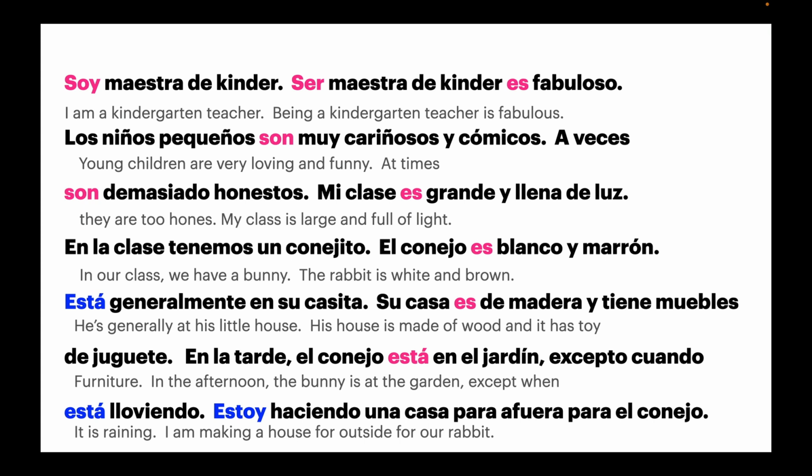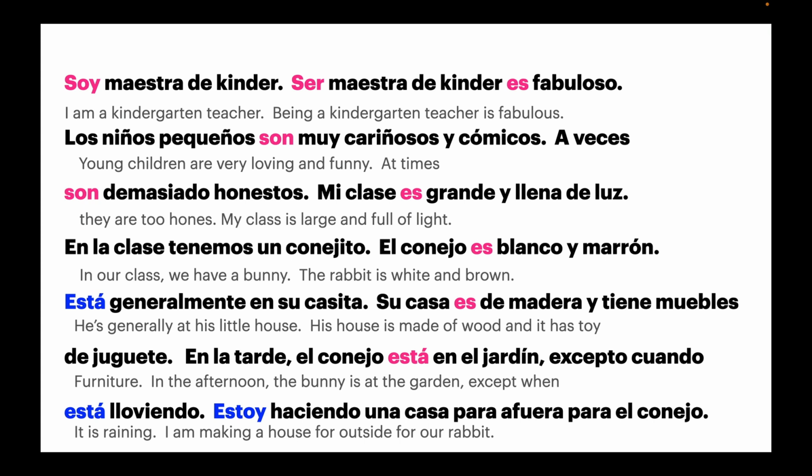Soy maestra de kinder. Ser maestra de kinder es fabuloso. Los niños pequeños son muy cariñosos y cómicos. A veces son demasiado honestos. Mi clase es grande y llena de luz. En la clase tenemos un conejito.